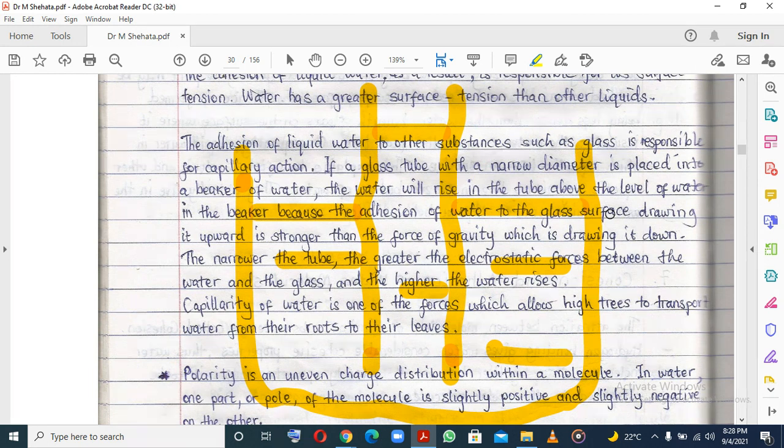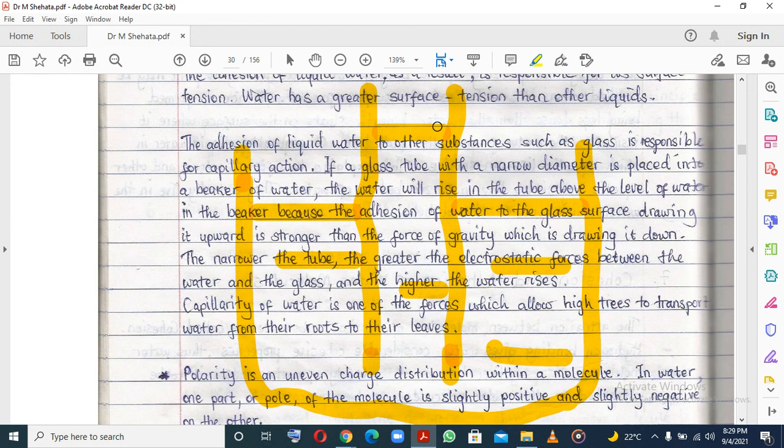But then when we come to this narrow one, because it's a narrow tube, the adhesion forces occurring on the sides of this narrow tube are going to be relatively greater. Why are they greater? Because the tube is small, the force of gravity is going to be very, very small relative to the adhesion.